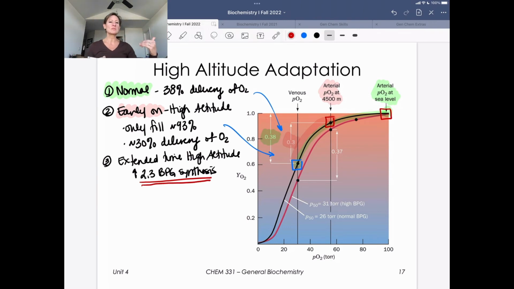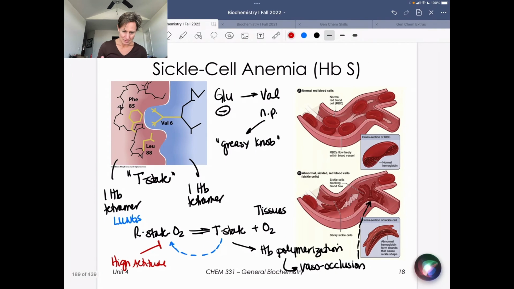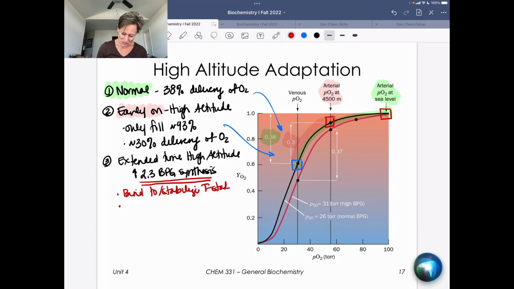So rather than being on the black line, which is normal conditions, we're going to shift to this red line. Now what happens is we bind to and stabilize the T state, and this shifts our binding curve to the right.